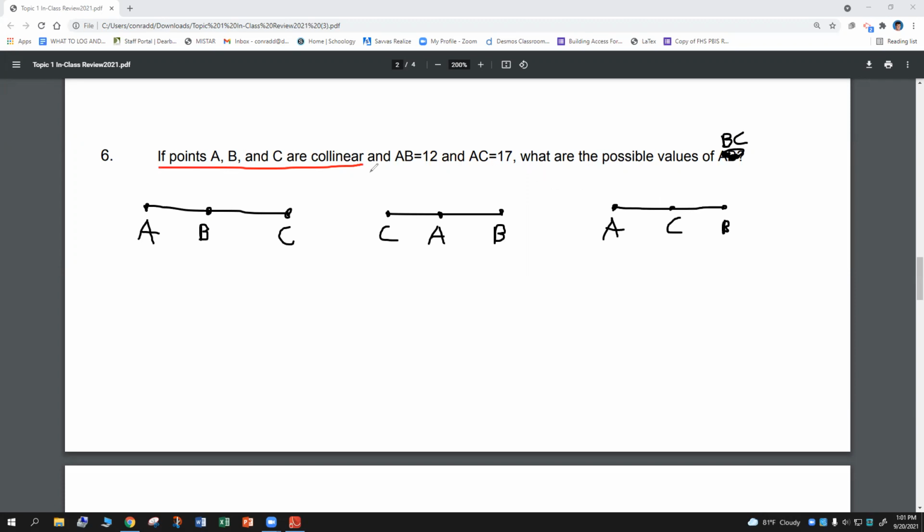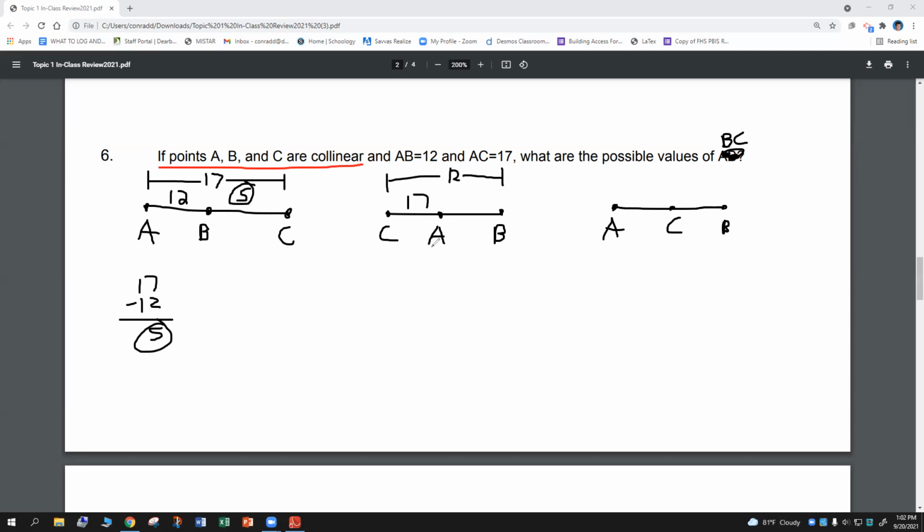So in the first one, AB is 12 and AC is 17. So to get BC, we have to do 17 minus 12, and that's going to give us 5. So that's one possibility. It could be 5. BC could be 5 if B was in the middle. If A is in the middle here, we can see that AC is 17 and AB is 12.